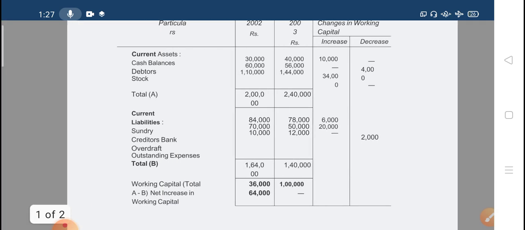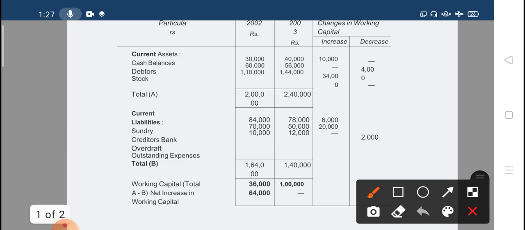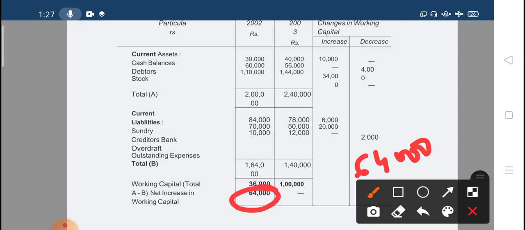So the net increase in working capital is 64,000 here and 64,000 here. Since the balance comes in the first column and at the last, decrease column, it can be written as net increase in working capital.